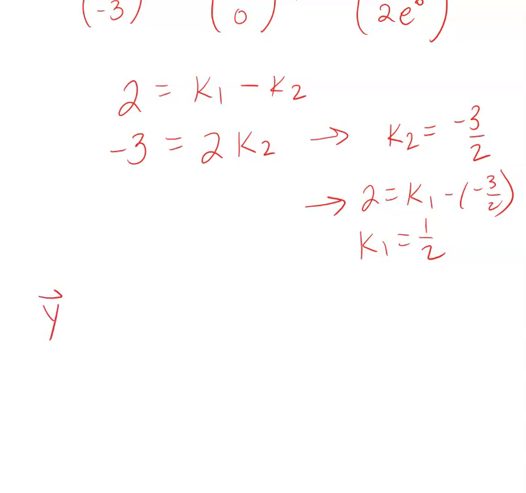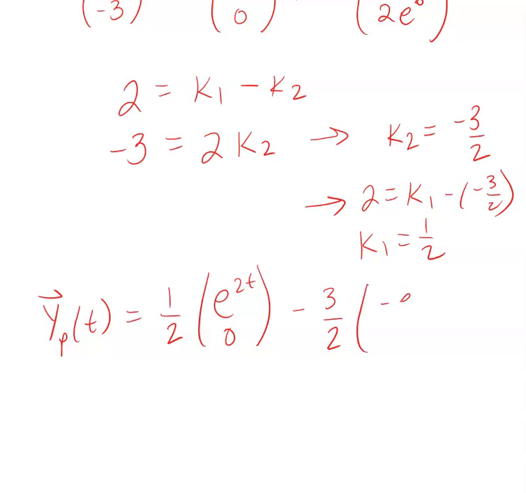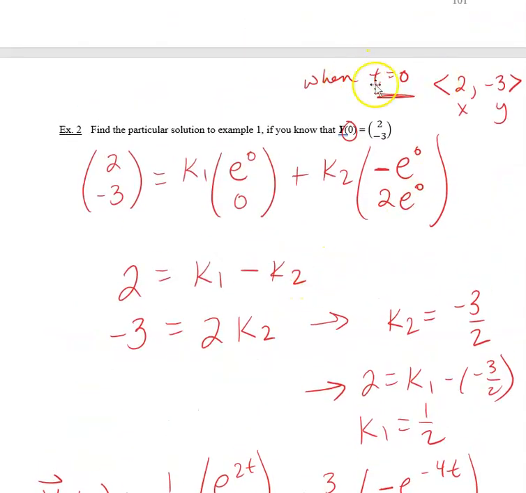So I'm going to call this y, and I'm going to call it y sub p. The particular solution is equal to 1/2 times e to the 2t, 0 matrix, and then minus 3/2 times negative e to the negative 4t, and then 2e to the negative 4t. And that's going to be our particular solution for the given initial condition.